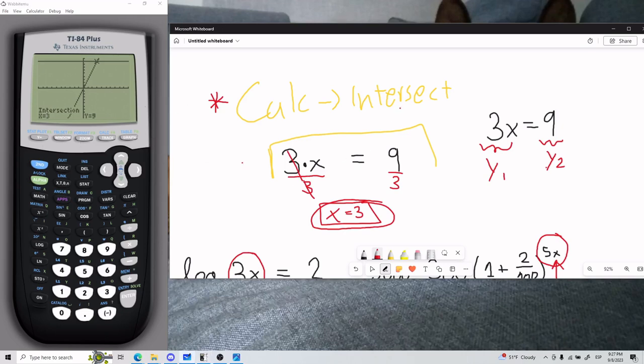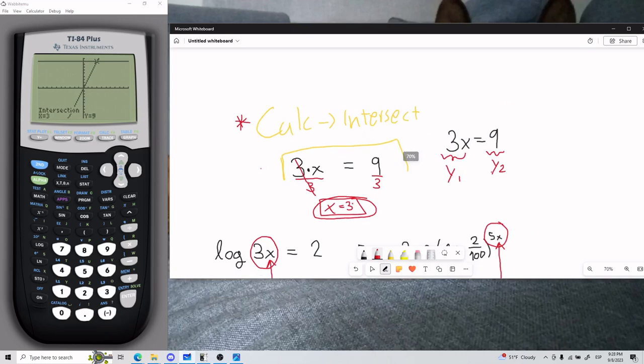I'm just going to grab this for a sec. I have something that goes like this, something that goes like that, and I find that this point up here is 3 comma 9. That means that over here I have 3 and over here I have 9. Where did those numbers come from?